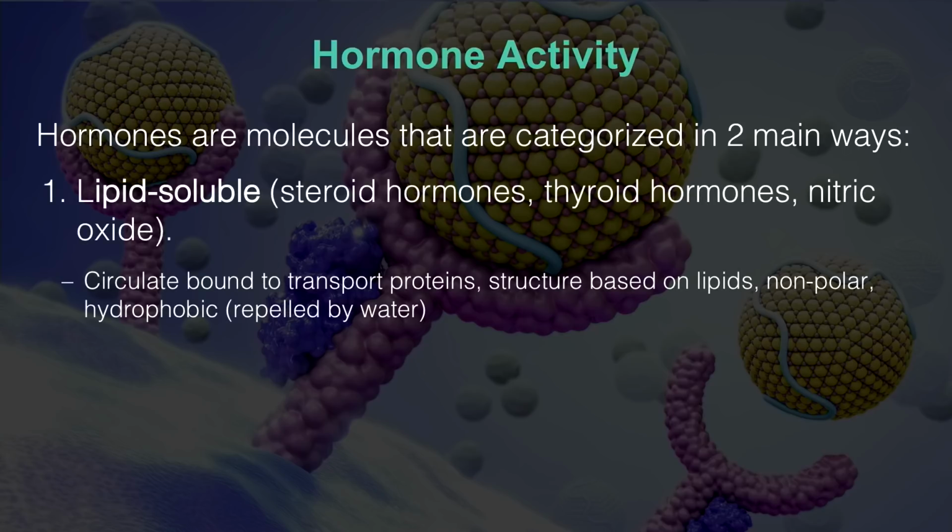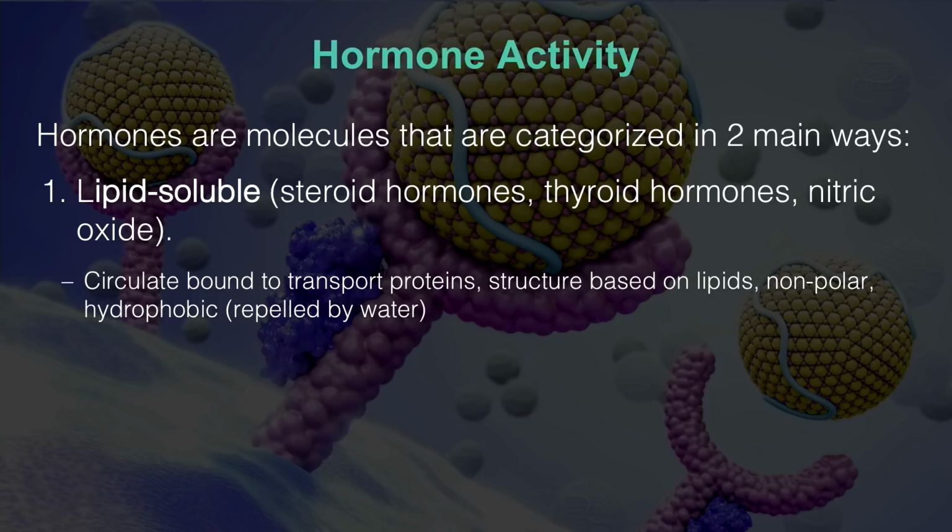Either lipid-soluble, these are often synthesized from fats or cholesterols. They're made of lipids, and so they are lipid-soluble. You'll learn in biochemistry that these are non-polar, and that's not so important now, but because they're made of fats, they can dissolve in fat easily.